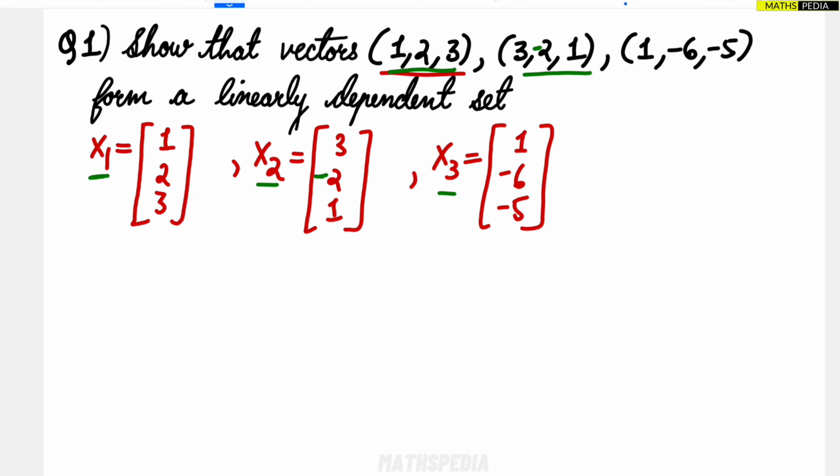Next, if you combine these three together, there will be three rows and three columns. Therefore, it can form a square matrix. So if I take the vectors x1, x2, x3 column wise, I can form a square matrix.